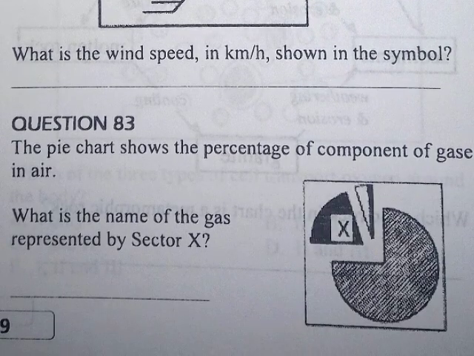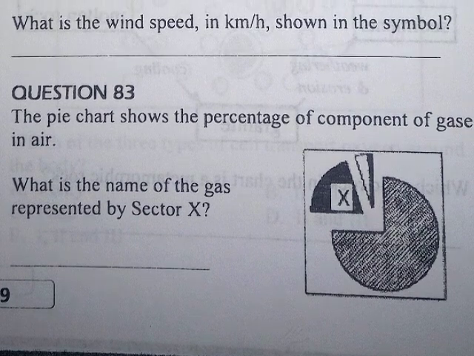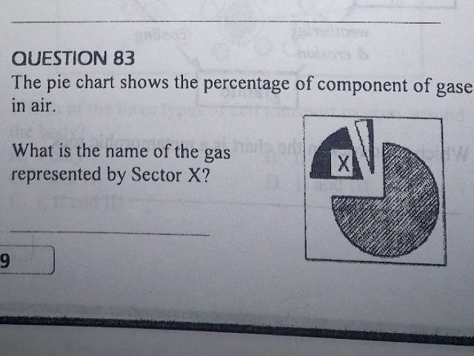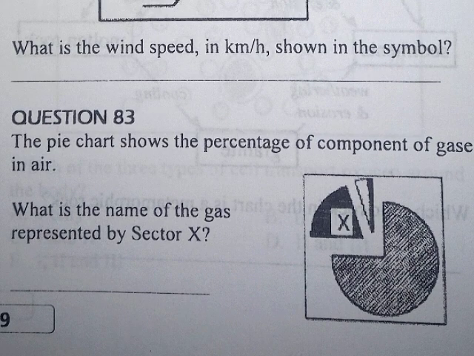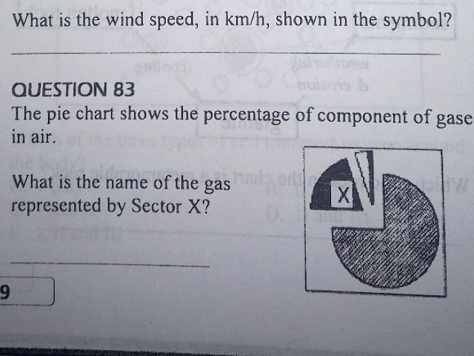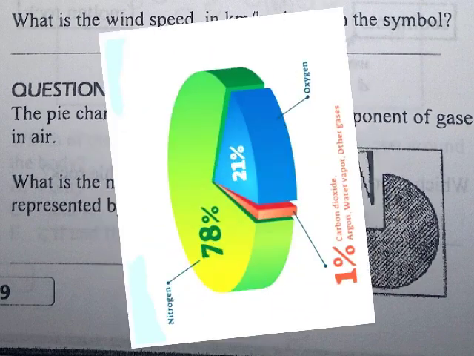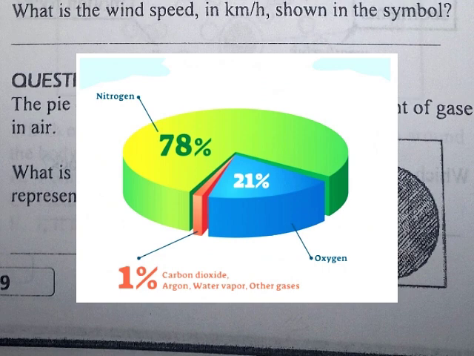And then we have the next one. I think that's the last one. The pie chart shows the percentage of component gases in the atmosphere. What is the name of the gas represented by sector X? This question is also from Unit 9.7. The atmosphere is made up of gas, mostly nitrogen, about 78%, and oxygen, about 21%.